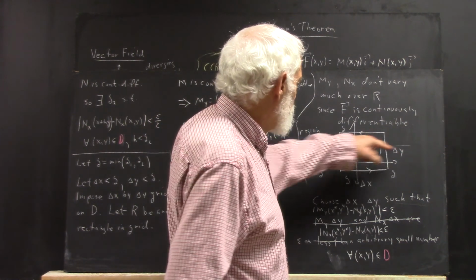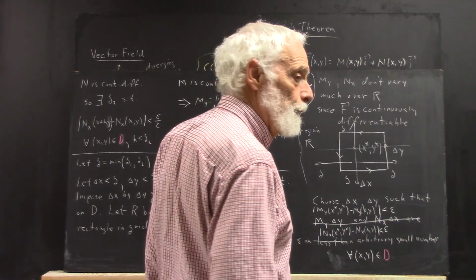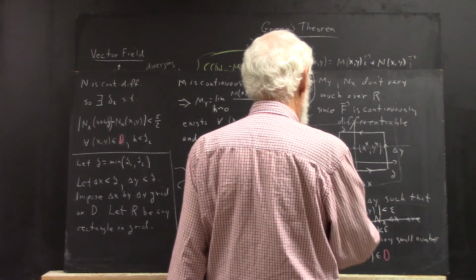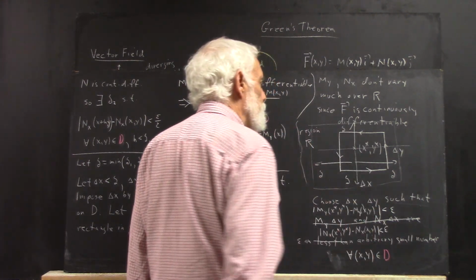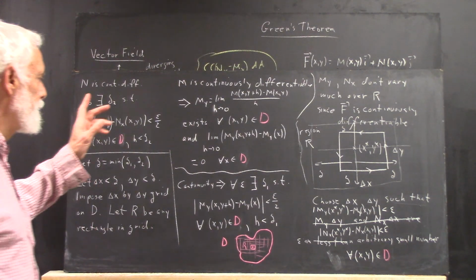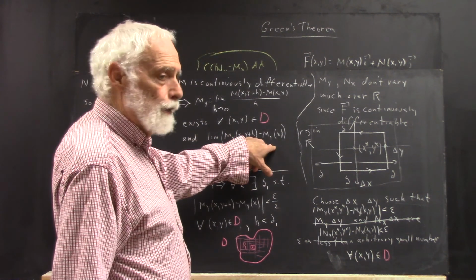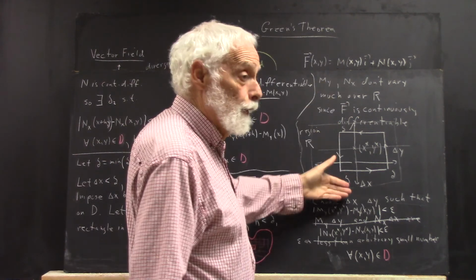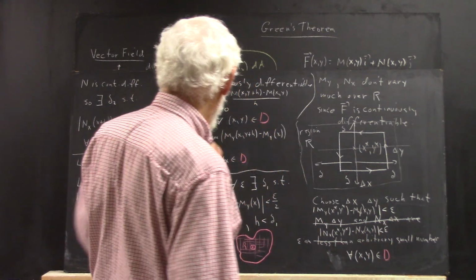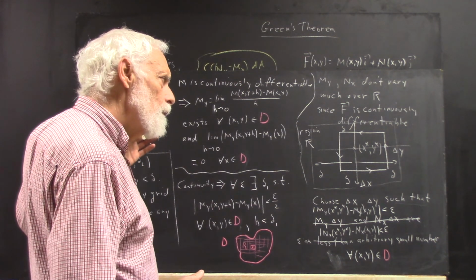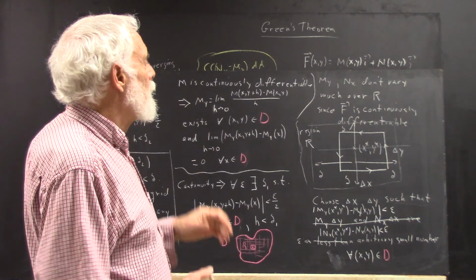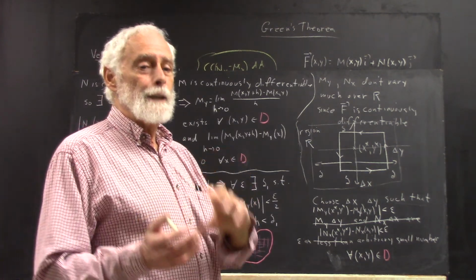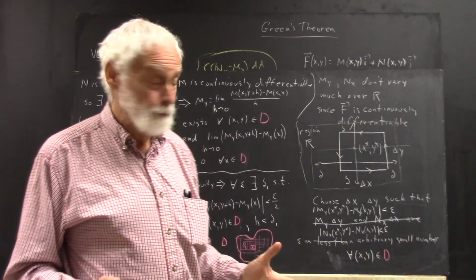So if you've got a delta interval from here to here, and a delta interval from here to here, everywhere within this delta interval of x star, y star, My varies by less than epsilon over 2, and Mx varies by less than epsilon over 2.